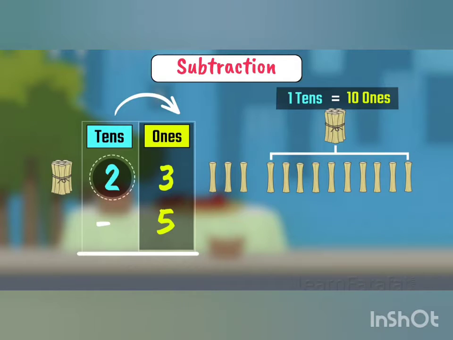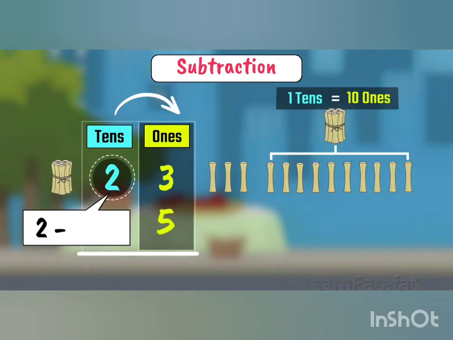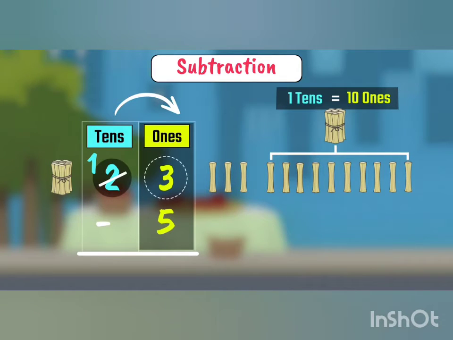Here at tens place, 2 has given 1 tens to ones. So here 1 tens will be left. And we will cross out 2 and write 1 at the tens column. At ones, cross out 3 and write 13.